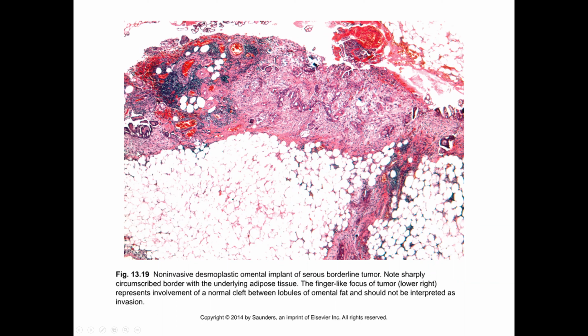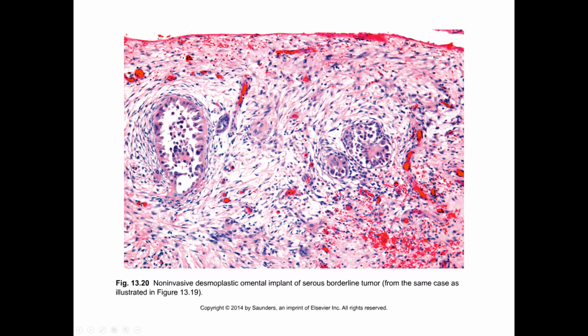And the reason we can do that is you see it has this very sharp border, as though it was just stuck right on the fatty tissue. Even though we have this desmoplastic stroma and some inflammation up here, this does not merit the diagnosis of an invasive implant. Another example, desmoplasia around, but doesn't necessarily imply an invasive type of implant.